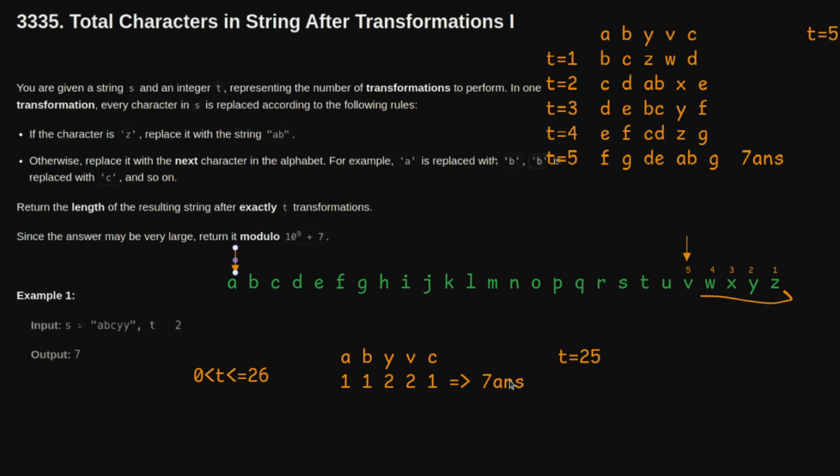So then the condition will become: if A is greater than or equal to A, yes, 2. If B is greater than A, yes. If Y is greater than A, yes. If V is greater than A, yes. If C is greater than A, yes. So the answer here will become 10 after the 25th iteration.